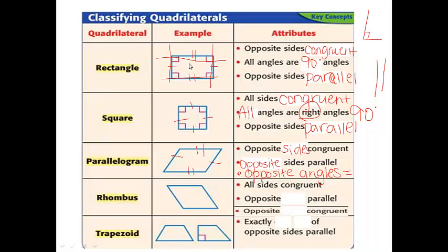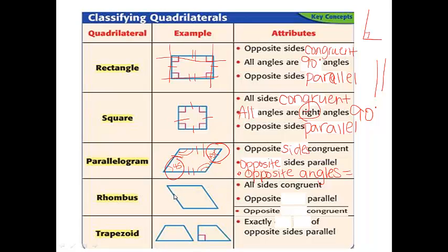So since we slanted it, are they going to be right like a rectangle anymore? No. So if this side is, I'm just making this up, 45 degrees, then this side has to be 45 degrees. So opposite angles are equal, whatever this side equals, the same.